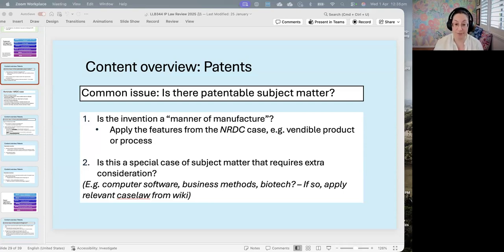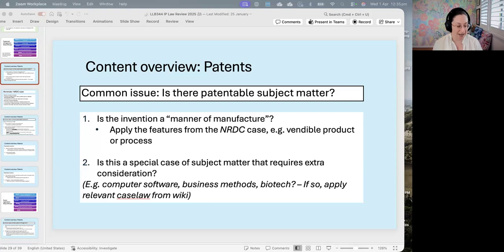Registration happens with IP Australia. And registration will give a person, the patent owner, who is the inventor in general, 20 years of protection. And we'll talk in a moment about what that protection gives the patent owner.